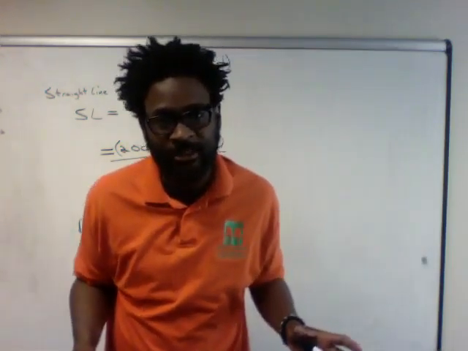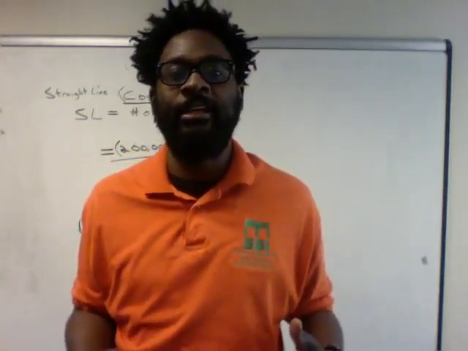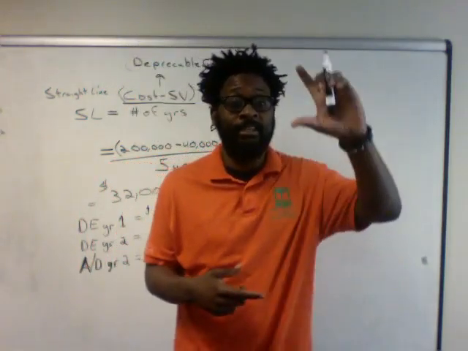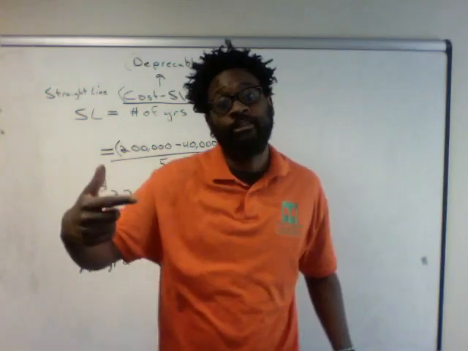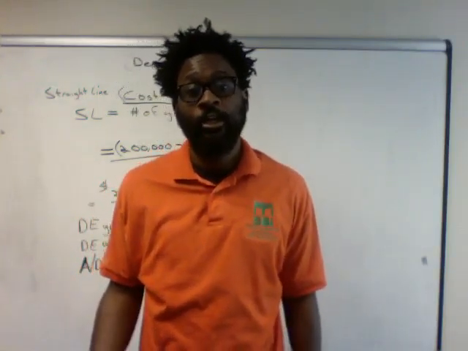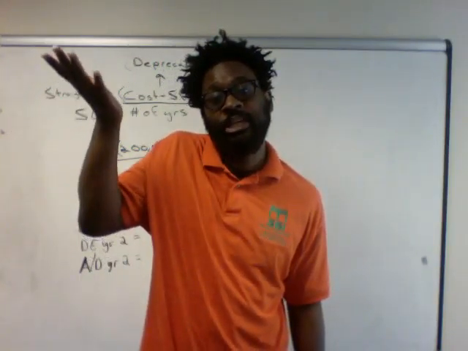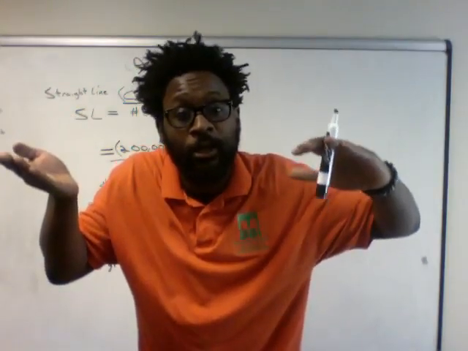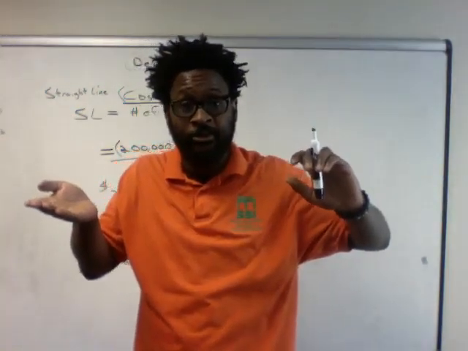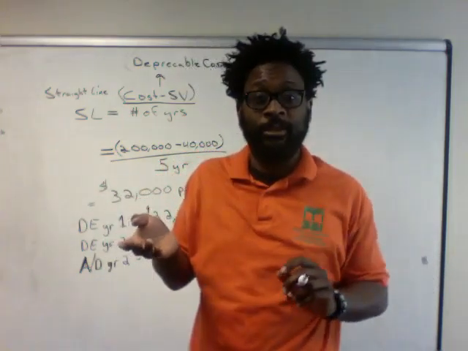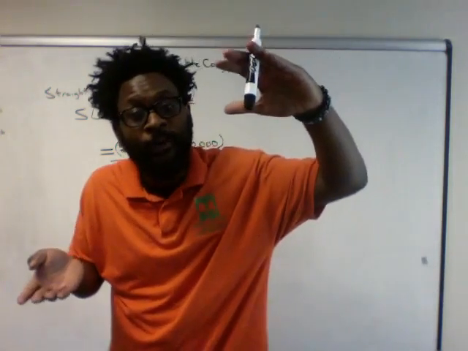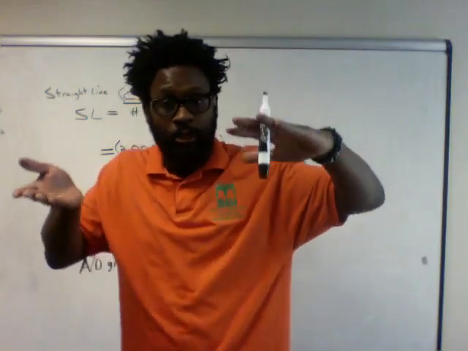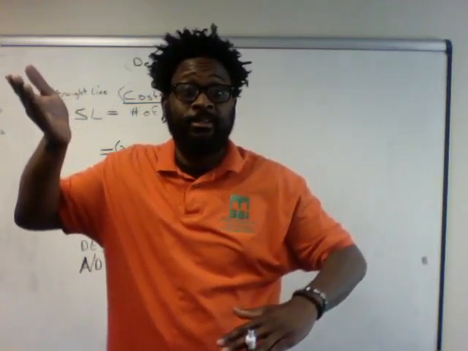It never changes, but the value of the asset is calculated by taking the cost and subtracting that accumulated depreciation. So each year the accumulated depreciation is rising, which is actually causing the book value, your formula for book value, is cost minus accumulated depreciation. The book value of the asset is doing what? Going down on the balance sheet.